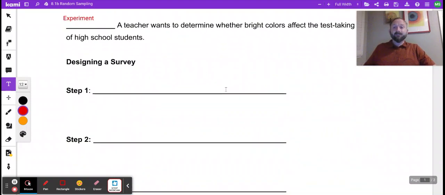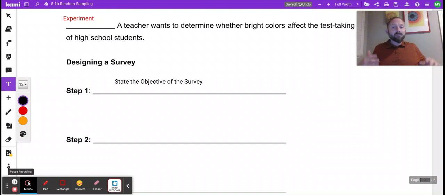So, designing a survey. Let's go through the different parts of designing a survey. The first thing we want to do is state the objective of the survey. An objective we could have for our school is: what should our mascot be? That's pretty good. Next, step two. The second thing we want to do is identify the population. Now, this is a multitude.